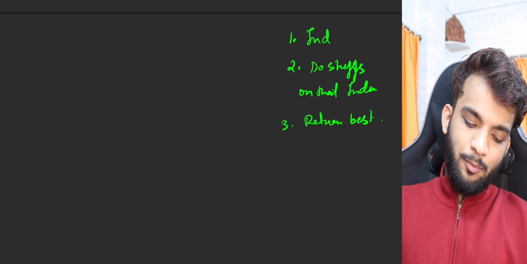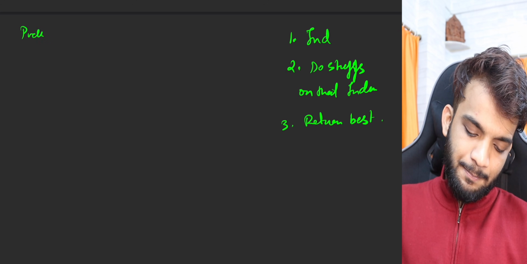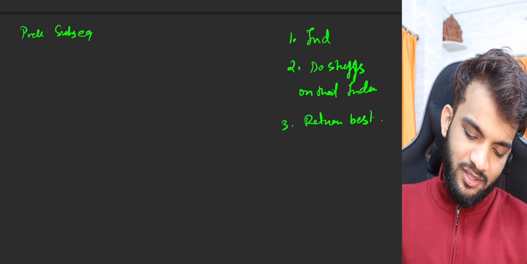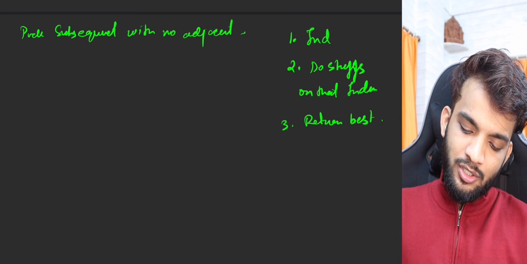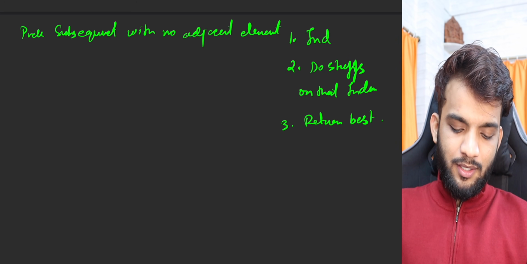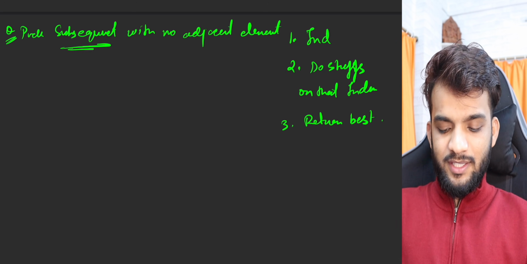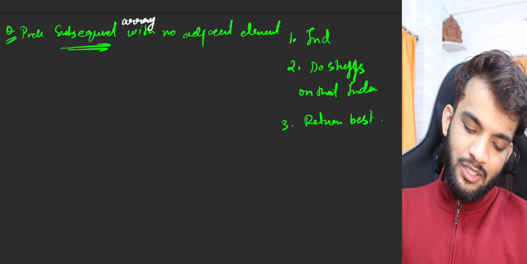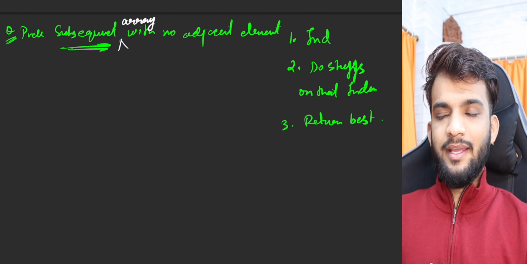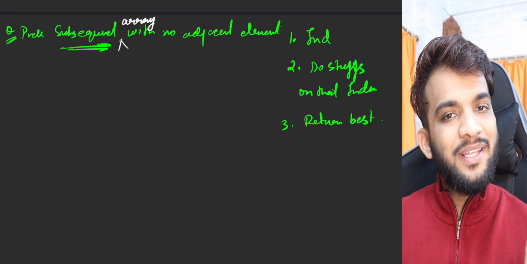Now over here, what is the problem? Pick a subsequence with no adjacent elements. Remember this, with no adjacent elements. So where do you pick a subsequence from? You pick a subsequence from an array, and whenever there is an array, there has to be an index.